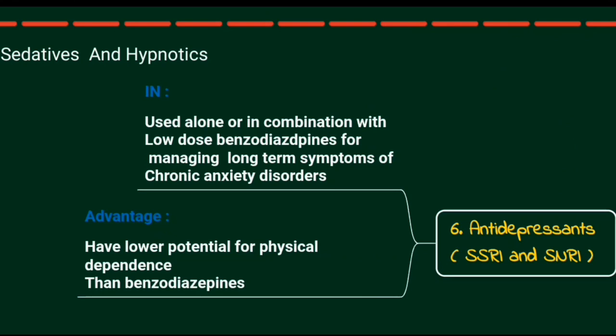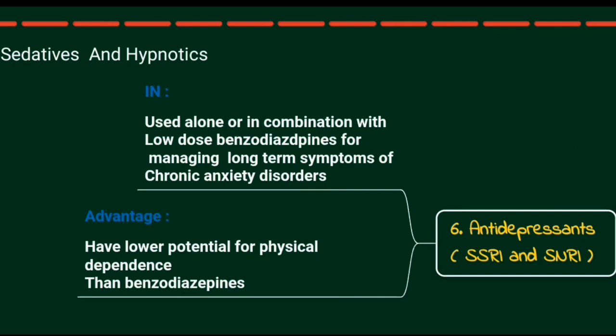Just like buspirone. The advantage of antidepressants is that they have a lower potential for physical dependence than benzodiazepines. So you can see at this moment we can say that buspirone and antidepressants like SSRIs and SNRIs are good sedative and hypnotics with fewer side effects.